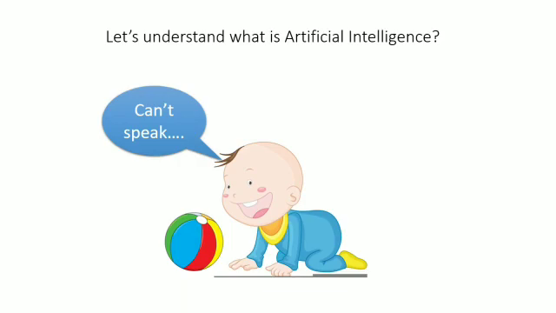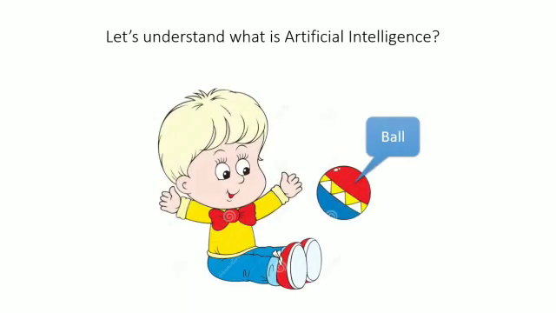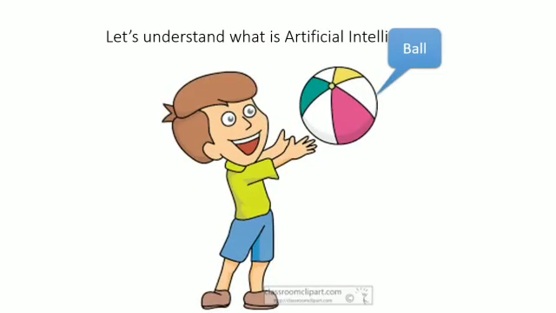But when we grow, we can speak and identify that this object is called a ball. Then we start playing with the ball and can easily identify it, whether it is available in different sizes, shapes and colors.